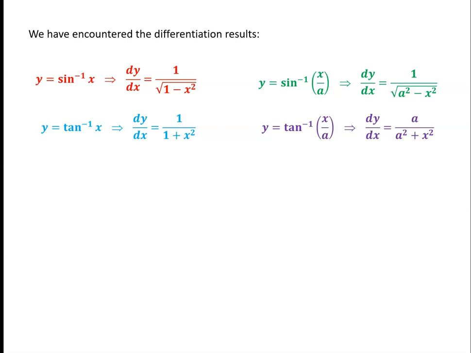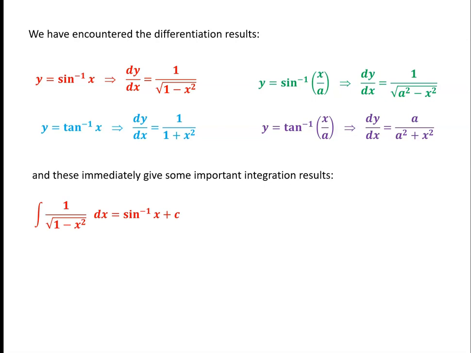Now these 4 differentiation results give us very quickly 4 very useful integration results. The first one is that the integral of 1 over root 1 minus x squared is sine to the minus 1 of x plus c. We've also got the integral of 1 over the root of a squared minus x squared is sine to the minus 1 of x upon a plus a constant.